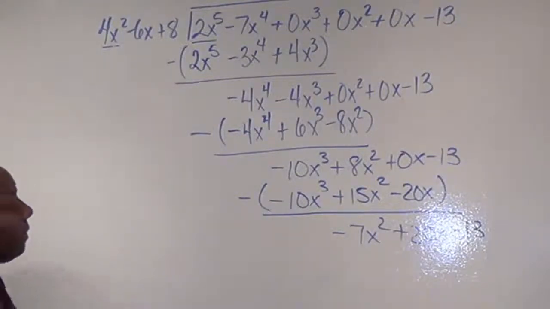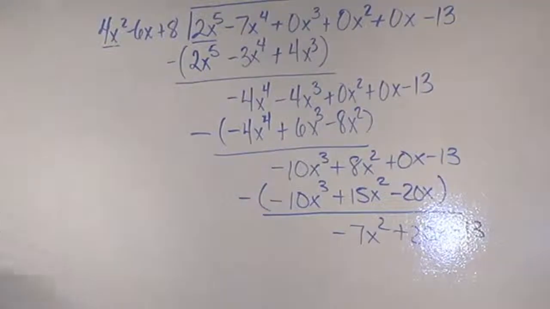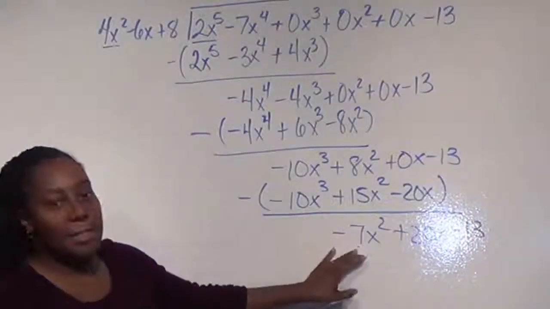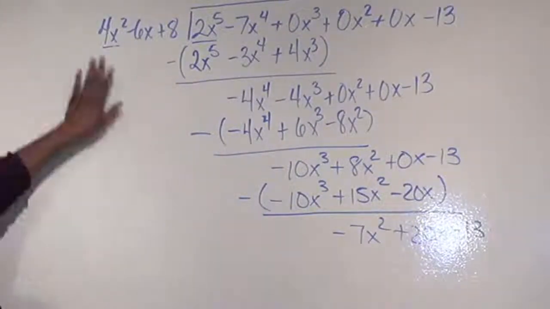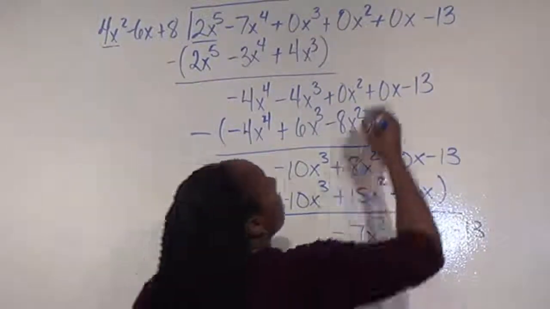And lastly, again, degree here is the same as the degree here, so I have one more step to go. Okay, so we need 4 to go into 7. Again, we're going to need a fraction there. So if I multiply by 7/4, make that negative to match the signs.